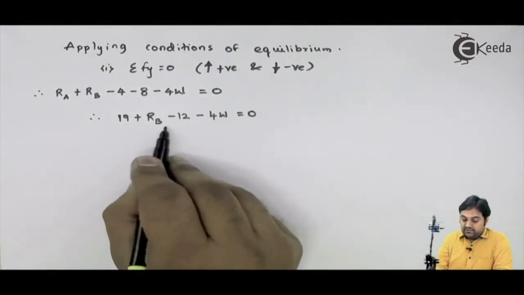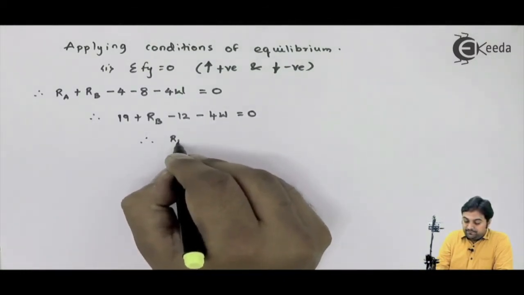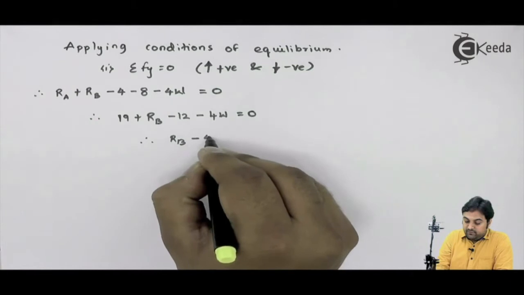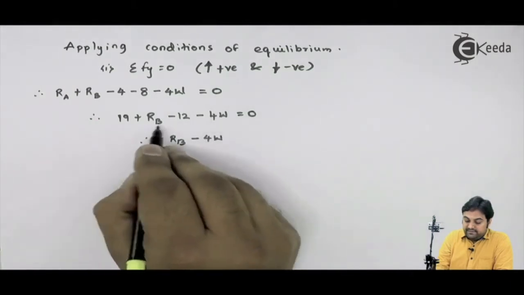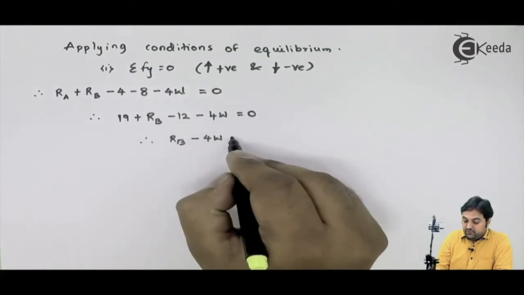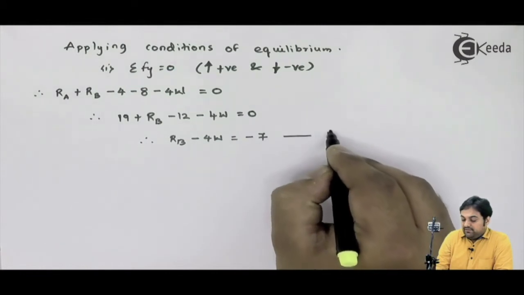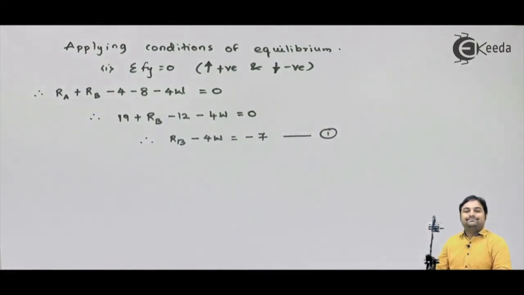Now once I calculate this value, this would be Rb minus 4W, 19 minus 12, that will give me 7. If I shift it onto the other side, that would be minus 7. I'll keep this as my first equation.